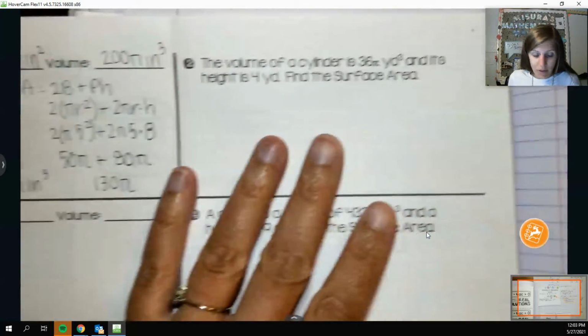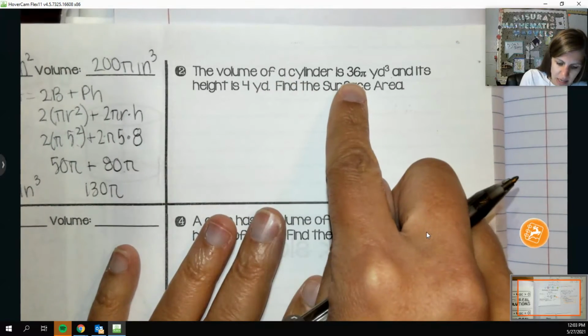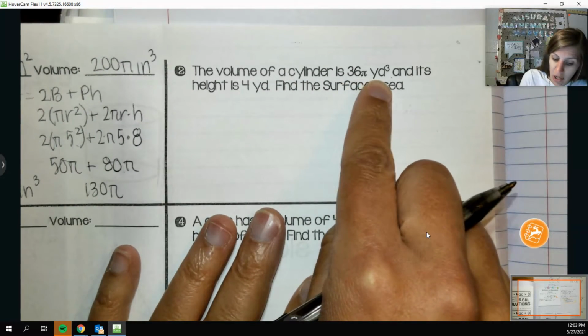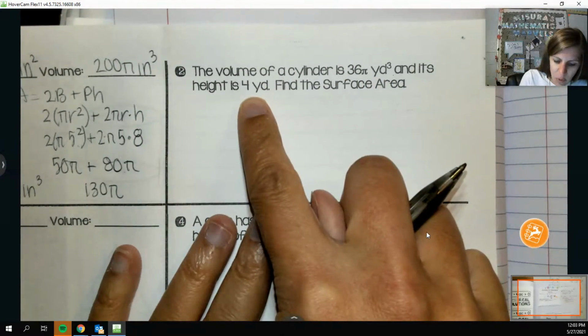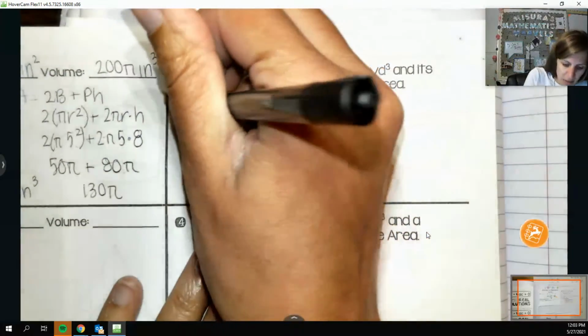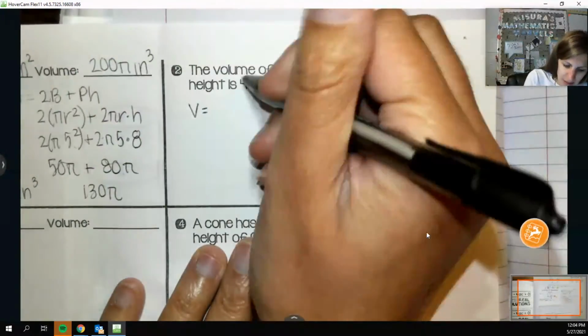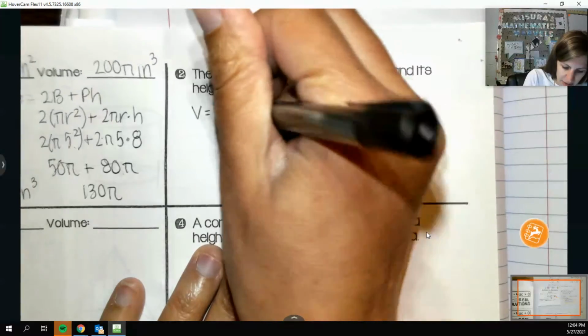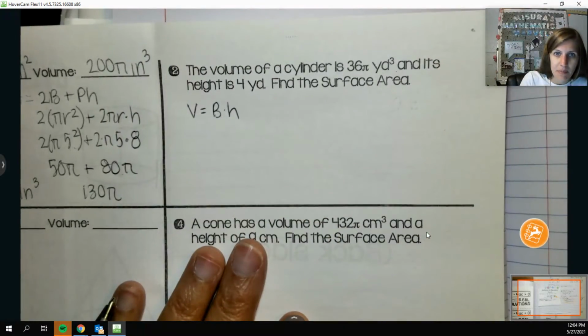So working a little backwards, if they tell me that the volume of a cylinder is 36 pi yards cubed and its height is 4, find the surface area. Well, let's start with volume because that's what they told me. Area of the base times the height.